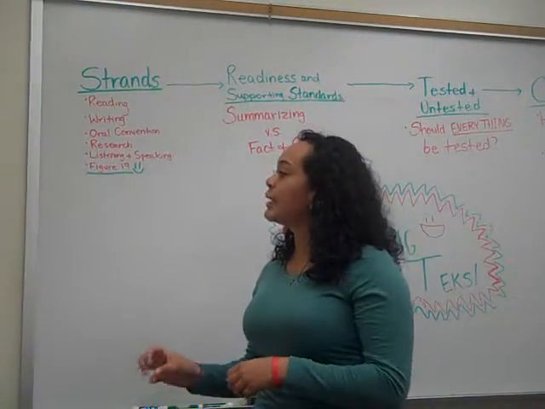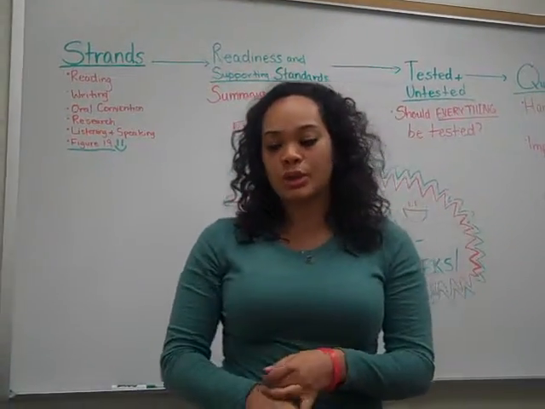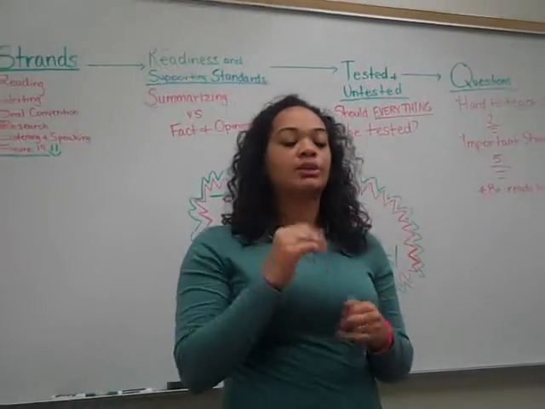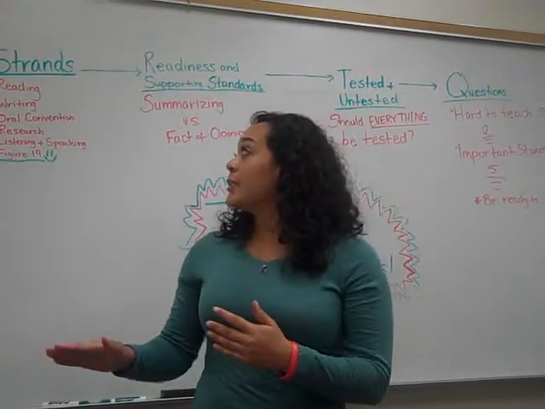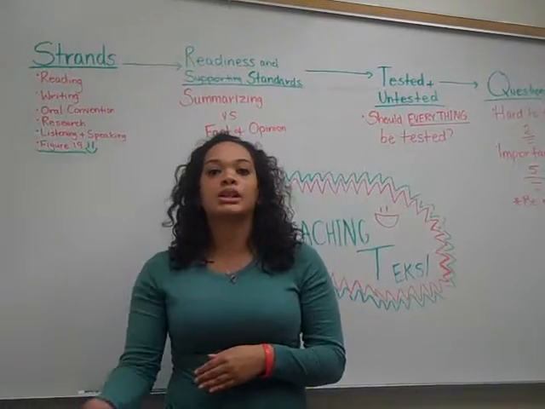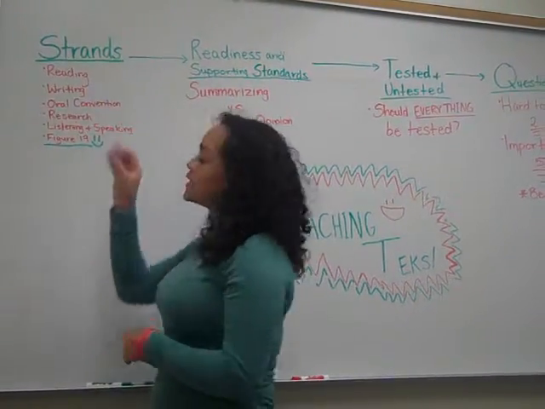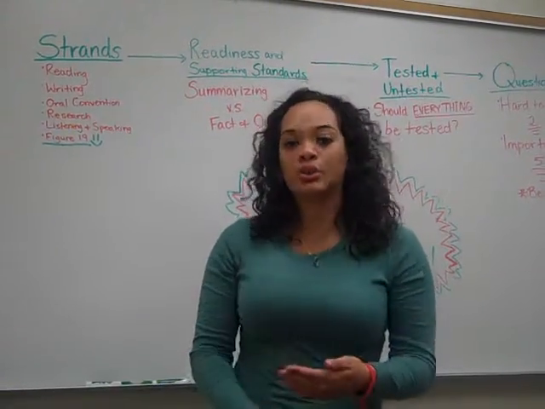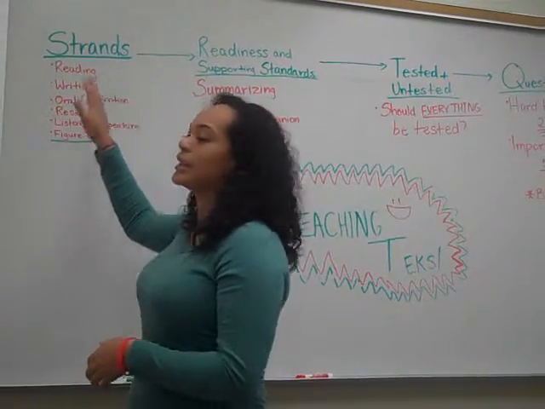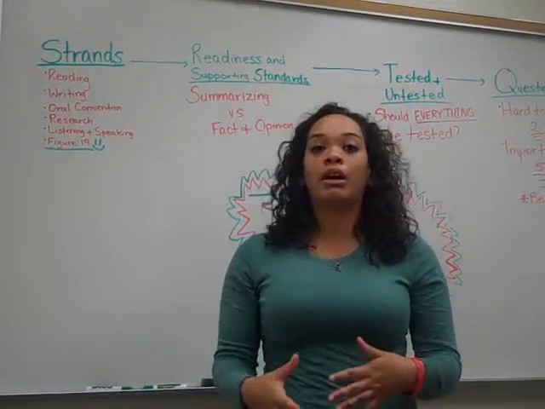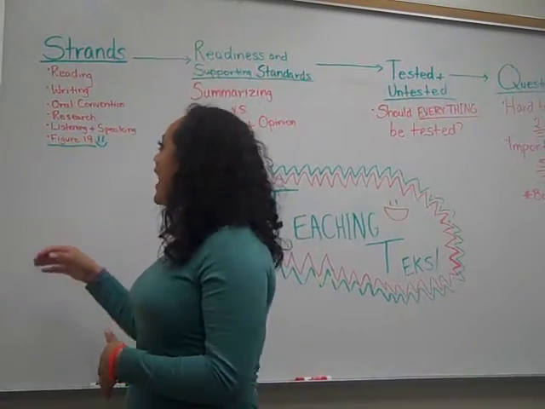Writing, it's about the writing processes, making sure that students know how to properly write and go through all the steps, editing and revising and all of those things, and making sure that their feelings are coming across in their writing. Oral and written conventions, this is more about the mechanics of how you write and how you speak. This is where punctuation and then grammar comes in a lot in the conventions of oral and writing.